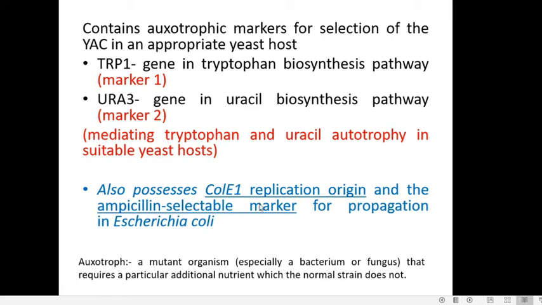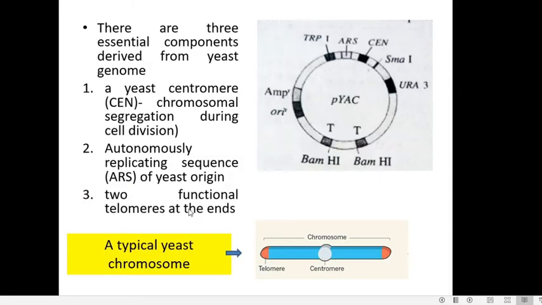But when you are using this vector for transferring genes into E. coli cells, you have to select other markers. So for that, you have an ampicillin resistance gene, which will act as the marker for screening in E. coli host cells, whereas TRP1 and URA3 are the auxotrophic markers which will help you to screen the transformed and the non-transformed yeast cells. So that is the difference.